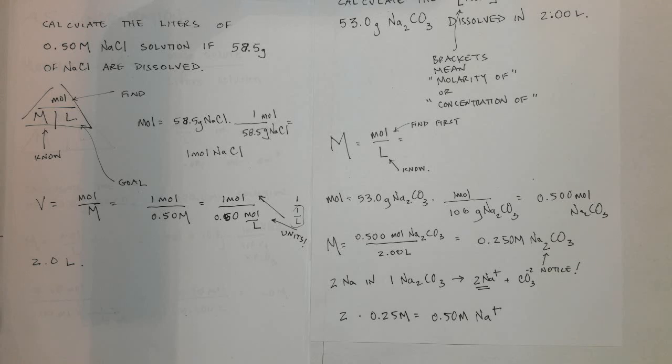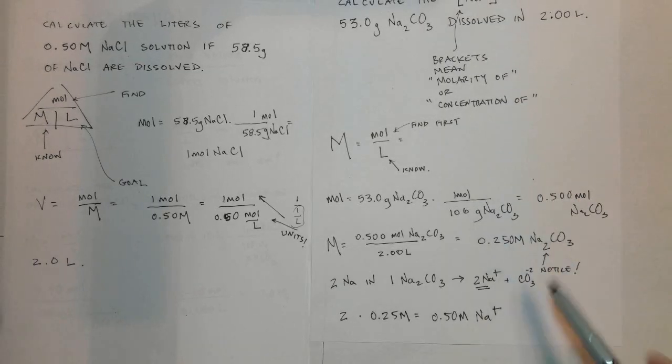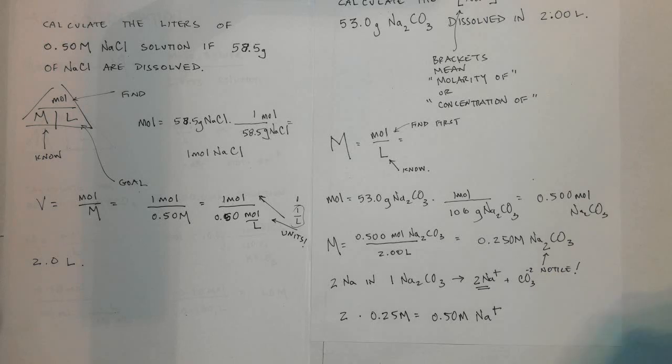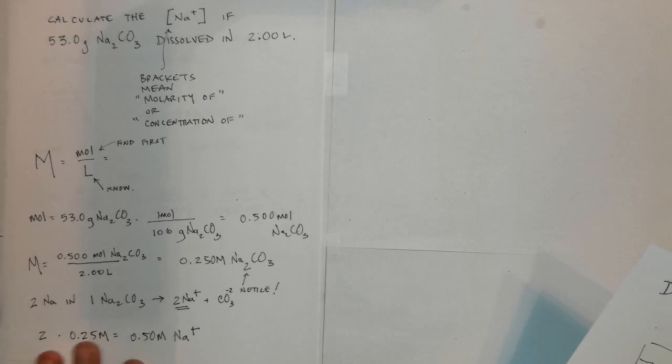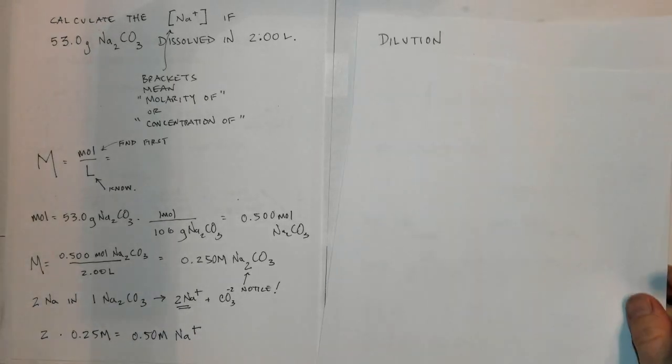So when you're asked to find the concentration of an ion, always remember that you've got to look at the subscripts to find out how many are in a particular formula. So one characteristic of solutions that makes them handy to use is you can dilute them.